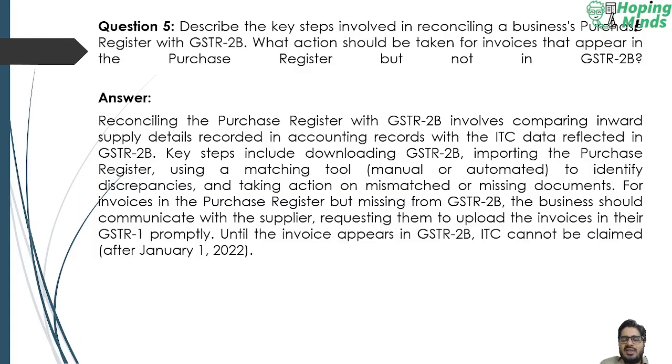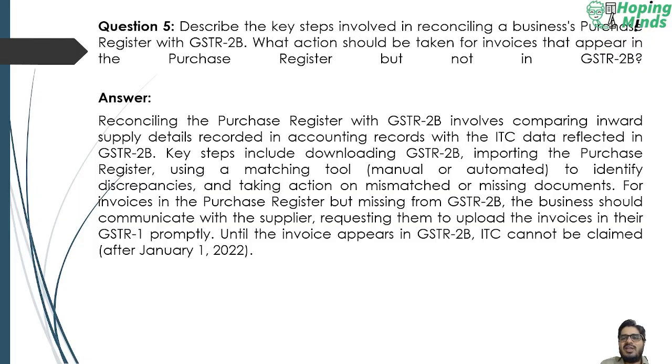Then the purchase register should be converted into the format as per the offline utility or a third-party software which is used for the reconciliation process, and imported in that software. After importing the purchase register and GSTR 2B into that software, a reconciliation is prepared by the system automatically.